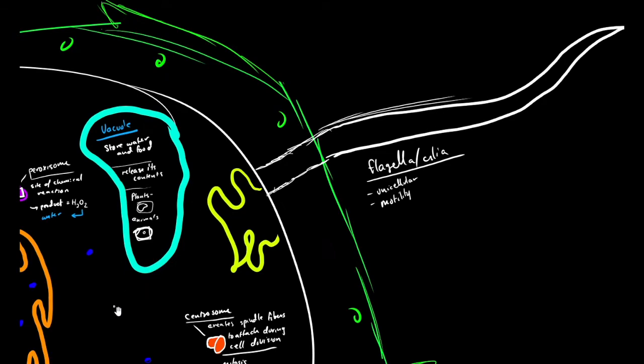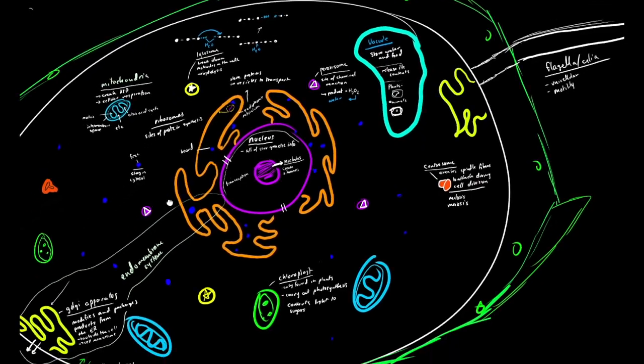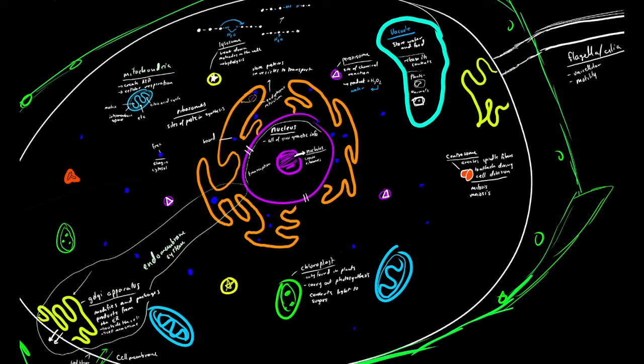Another thing, and maybe the most interesting organelle within this entirety of the cell, is the cytoskeleton. What's important to note about the cytoskeleton is that it is extremely small, to the point where many textbooks don't even show the cytoskeleton at all. But it's really important in the cell and its functionality.